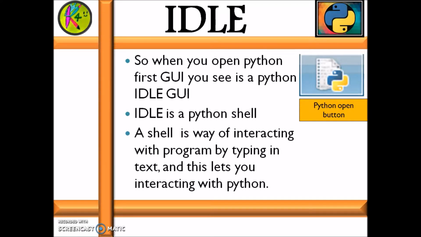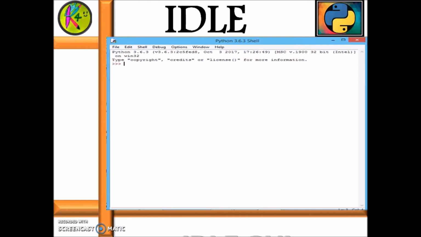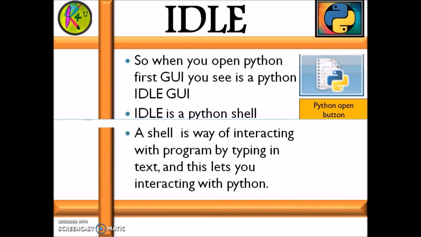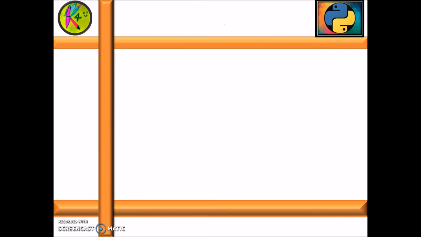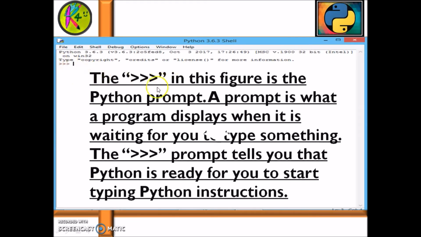Now let's see what an IDLE window looks like. So this is how an IDLE window looks, this is IDLE's GUI basically. Now one more thing that I wanted to tell you guys: what you see in this figure is a Python prompt.